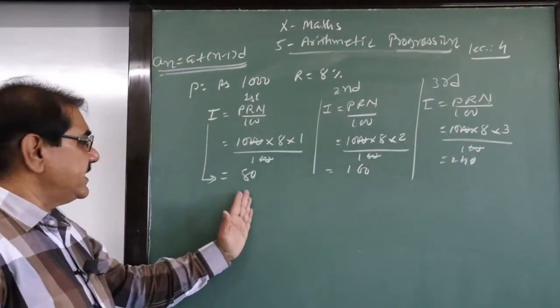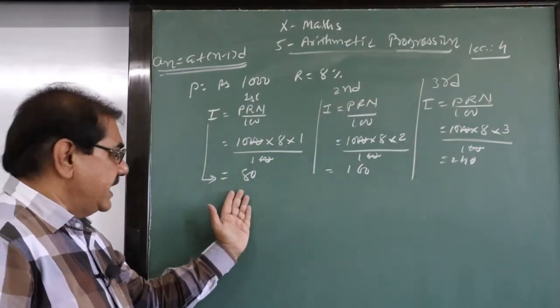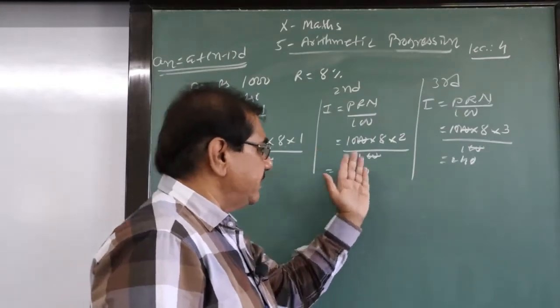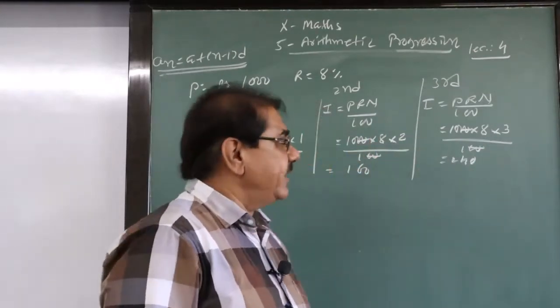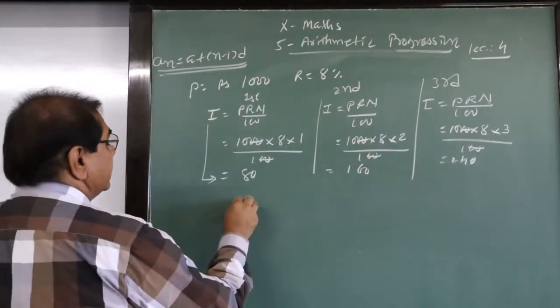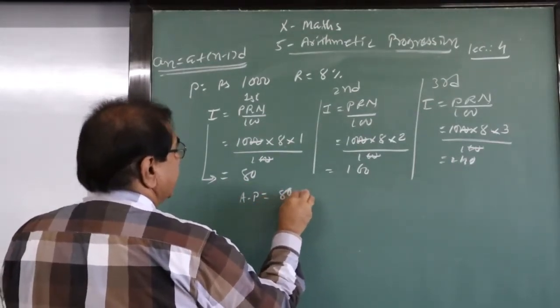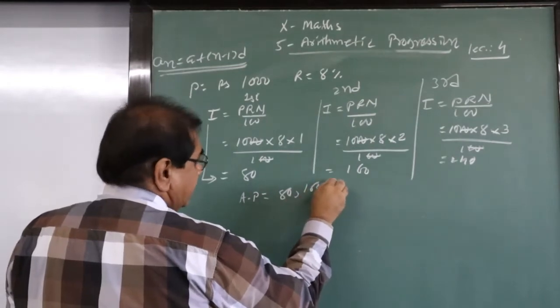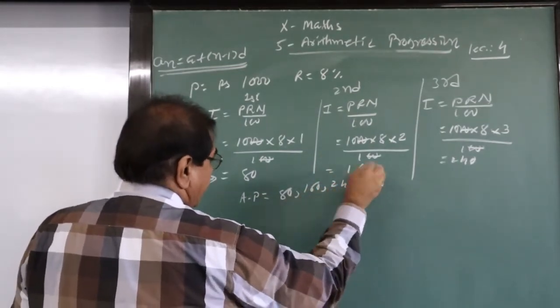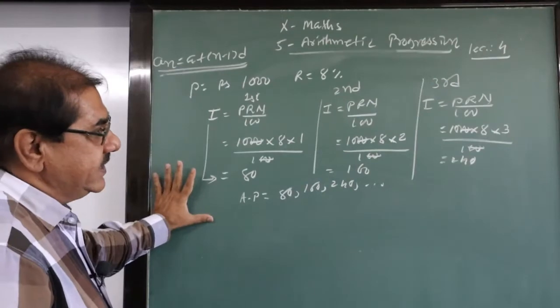So you can check what is happening. 80 plus 80 is 160, 160 plus 80 is 240. That way you can find out interest for every year. So of course this forms an AP. It is 80, 160, 240, ... So it definitely forms the AP.